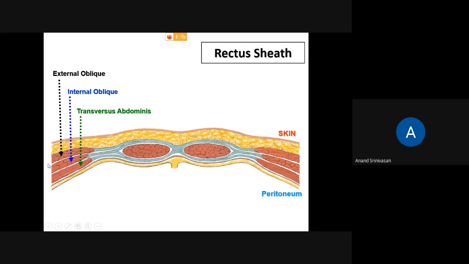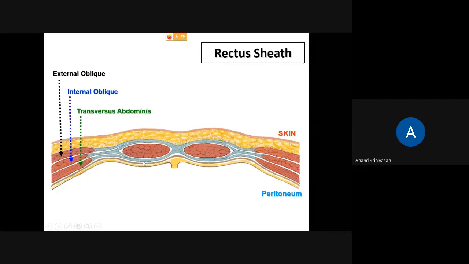The internal oblique aponeurosis divides into two, an anterior part and a posterior part. The anterior part fuses with the external oblique aponeurosis and forms the anterior rectus sheath. The posterior part of the internal oblique aponeurosis fuses with the transverse abdominis aponeurosis to form the posterior rectus sheath.